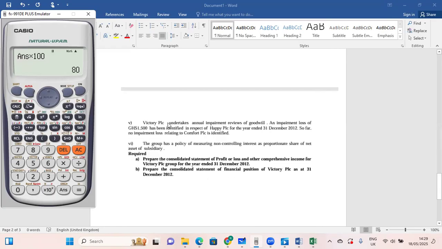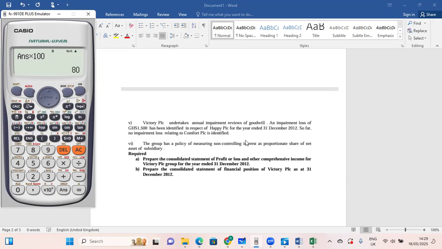So the fifth one here is that Victory PLC undertakes annual impairment reviews of goodwill. An impairment loss of 1,500 has been identified in respect of Happy PLC for the year ended. So far, no impairment loss relating to Comfort PLC has been identified. The group has a policy of measuring non-controlling interest as proportionate share of net assets.